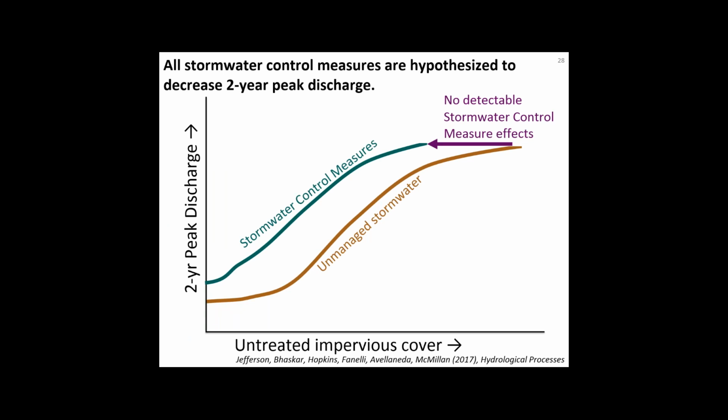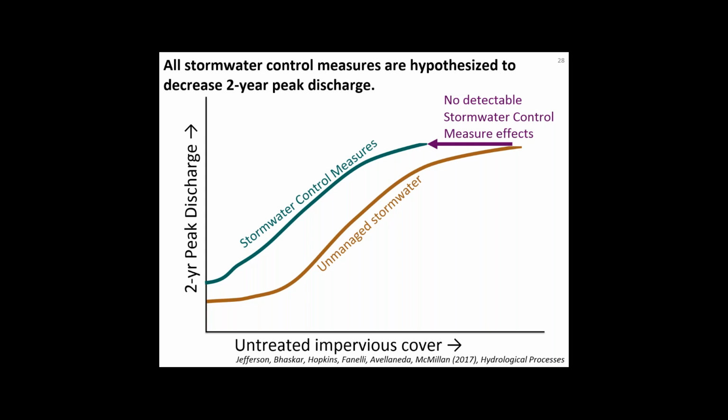The reason I'm saying they're hypothesized is that they're based on those studies that we do have, but in particular, they're for monitoring studies of observed changes with watershed-scale implementation of stormwater control measures, and studies really documenting and monitoring with the hydroinformatics approach, looking at that transition.